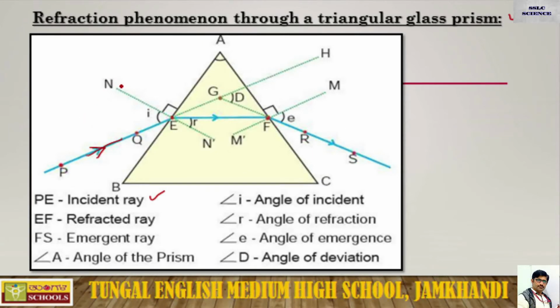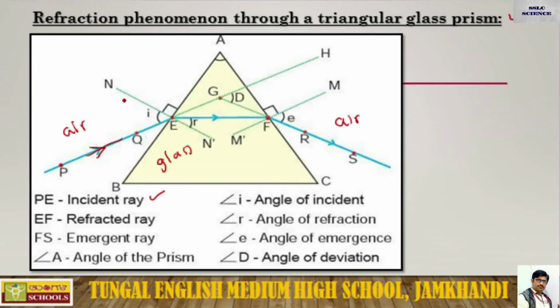So if you plot the normal, what happens? Remember, the light is coming from air medium to glass, and later after another process from glass to air yet again. This is how the light ray is moving. Keep that in your mind. N dash is the normal drawn to the incident ray PE.